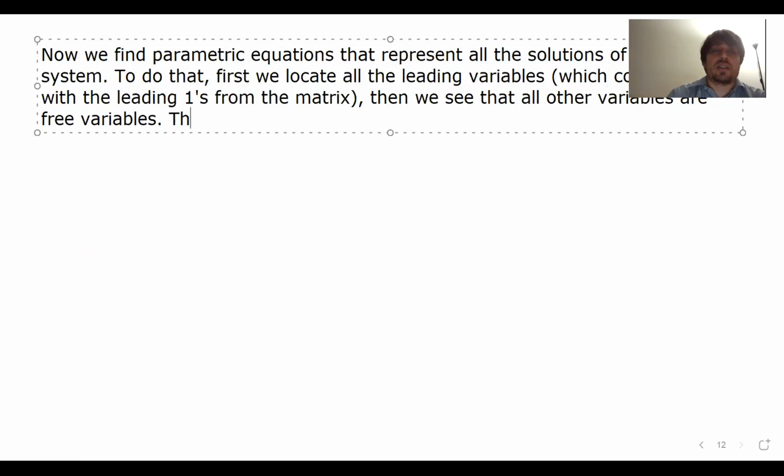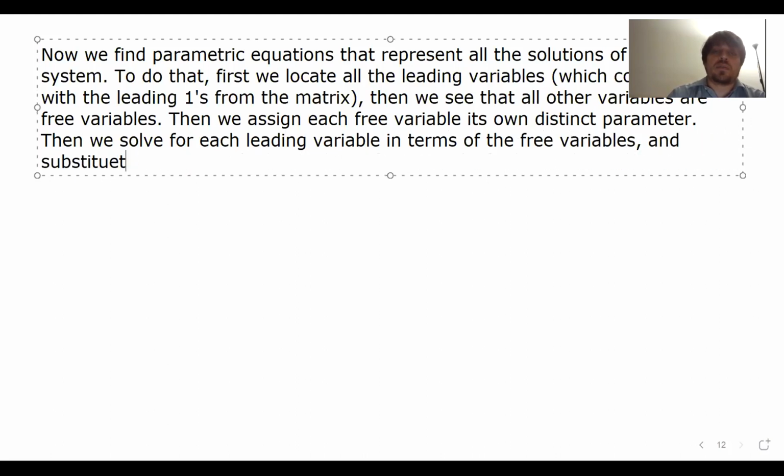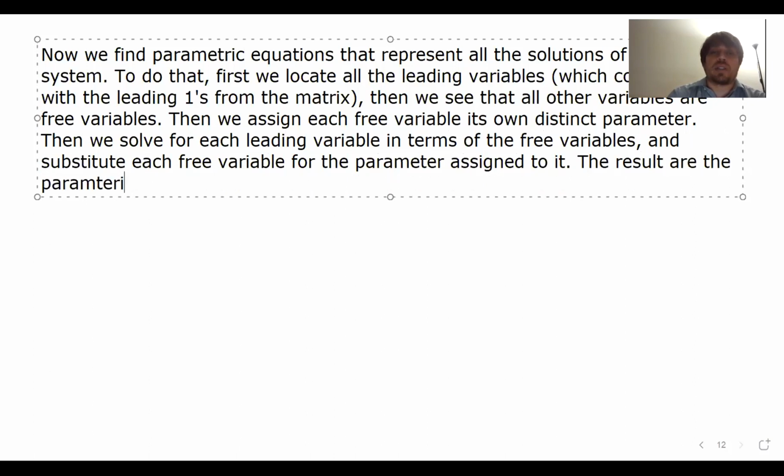Then we assign each free variable its own distinct parameter. Then we solve for each leading variable in terms of the free variables and substitute each free variable for the parameter assigned to it. The result is the parametric equations that we wanted. That's a summary of what I'm going to do now.